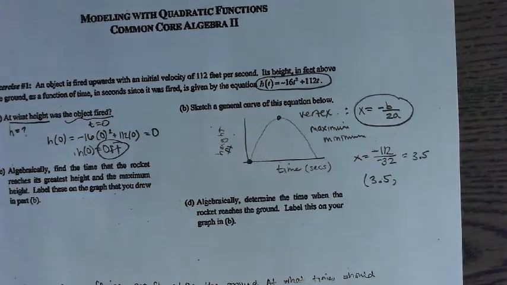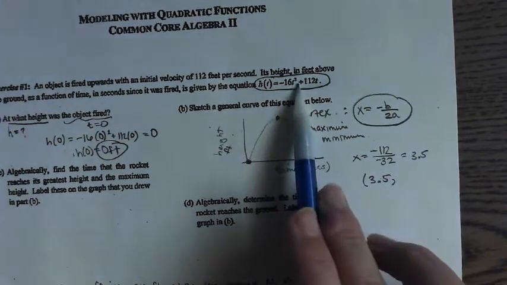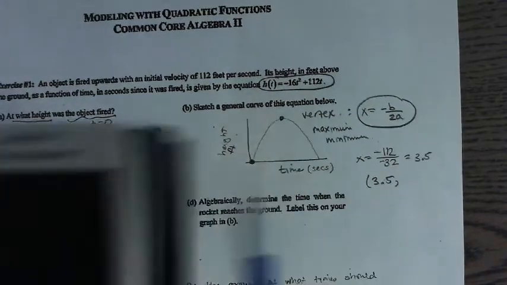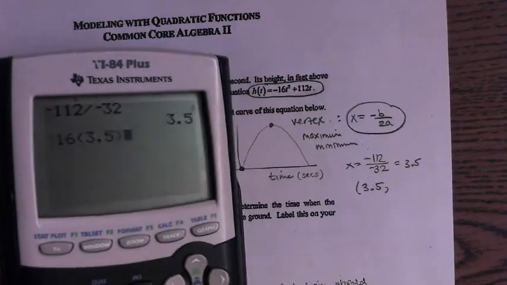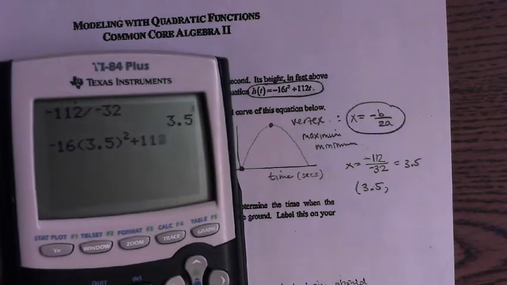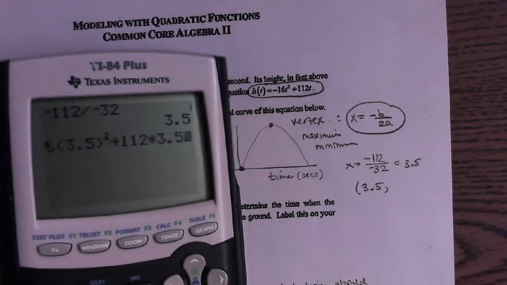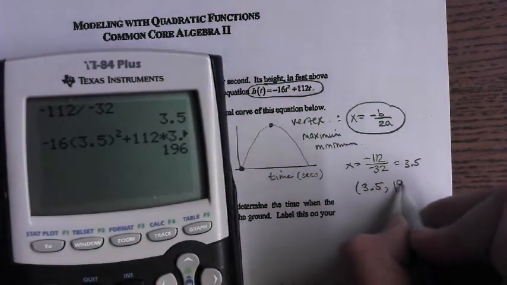Comma. How do I find the corresponding height there? How do I find the height at 3.5 seconds? Chris? Plug it in. I've got my time, so just plug it in. Negative 16 times 3.5 squared plus 112 times 3.5 is going to give me a height of 196.